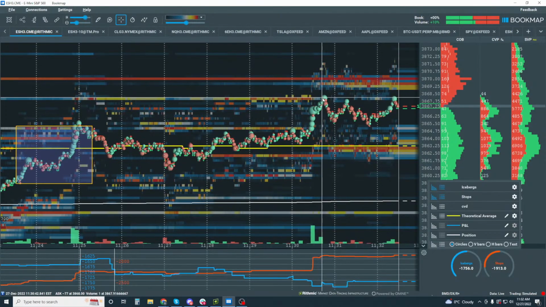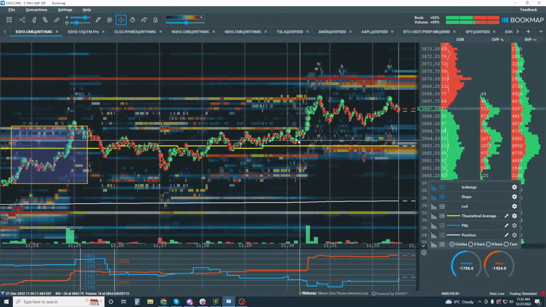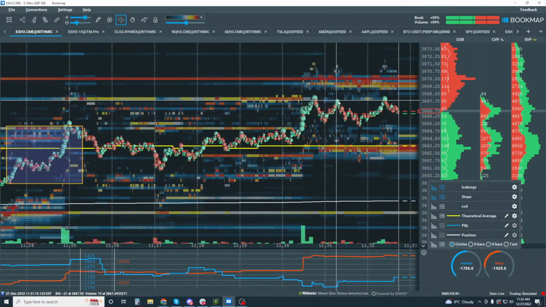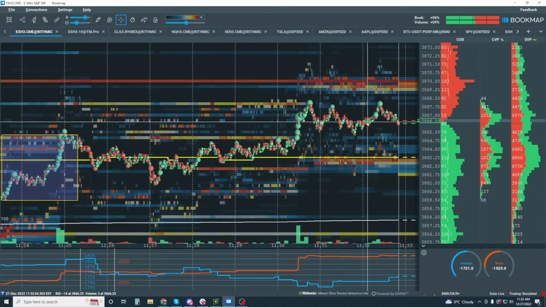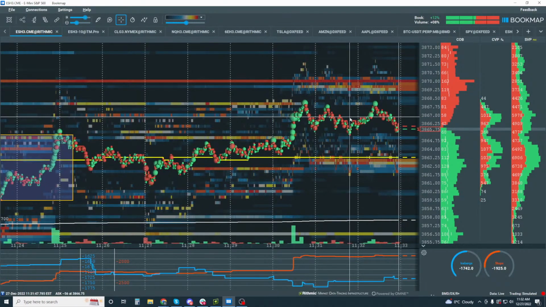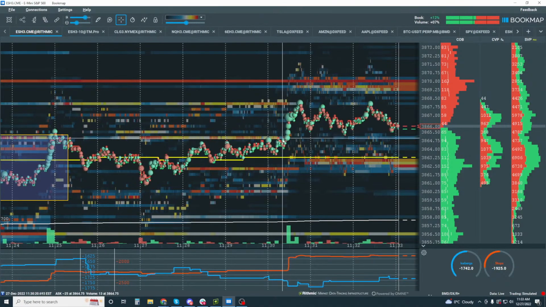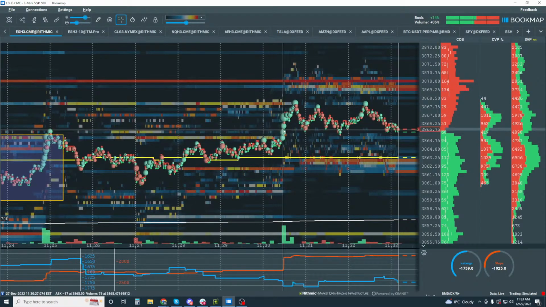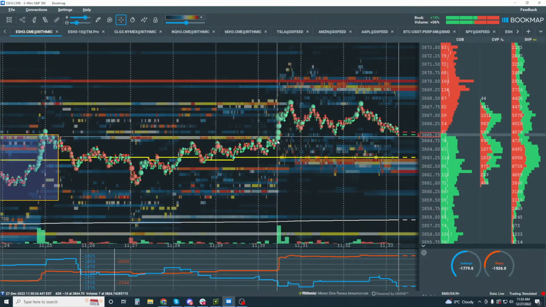Okay, back up to 67. That's promising. We go through these concepts about who's in control of the market, and we look for these kind of strong moves that are driving the market away from an area.